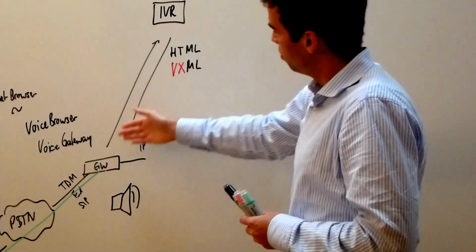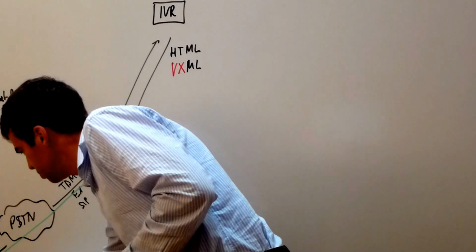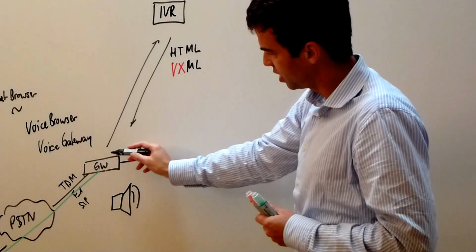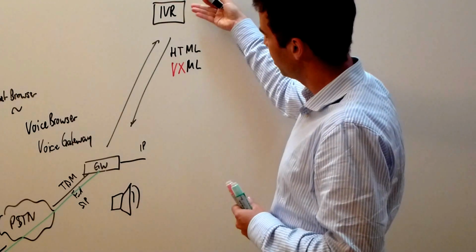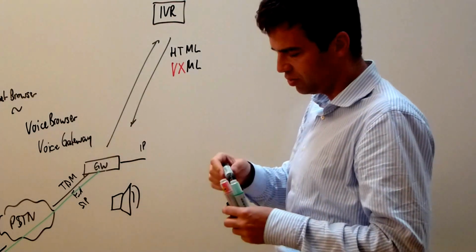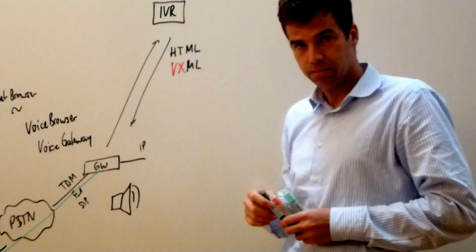Now, based on the calling line ID, and maybe some information that the customer enters, the IVR can ask the gateway to play a certain announcement, which could be, for example, welcome at ExpertFlow, please enter your account number.